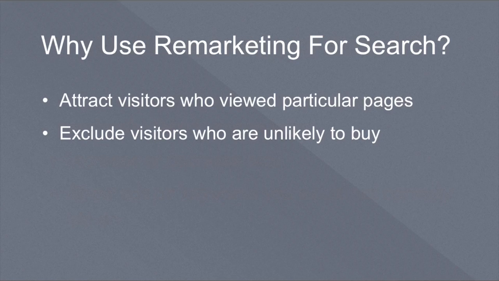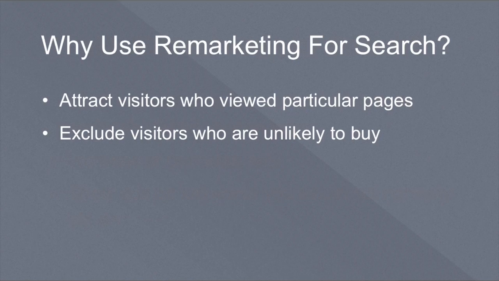If we know somebody is potentially interested, we can get them back to our website because that person may be worth more to us. If we know they've already been through our process and they've got perhaps to a checkout page or to a contact form but haven't gone through with it, that person's likely to be an engaged prospect that we would be prepared to pay a little more to get to our website.